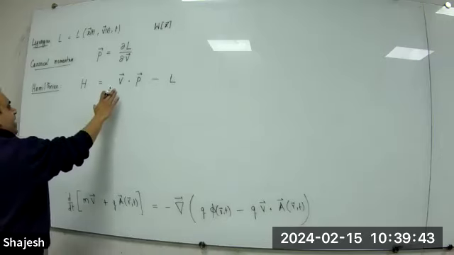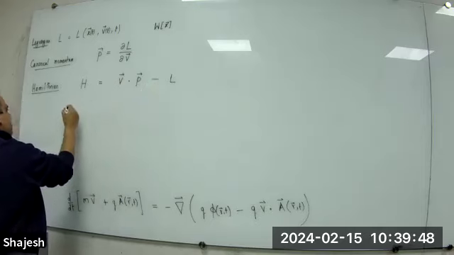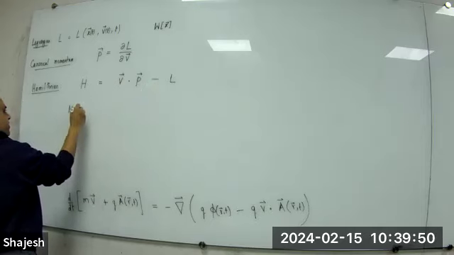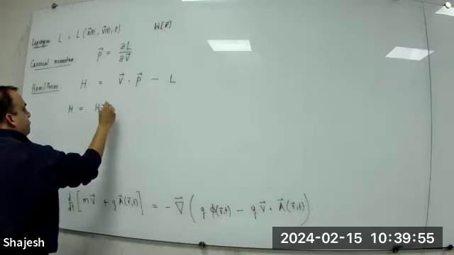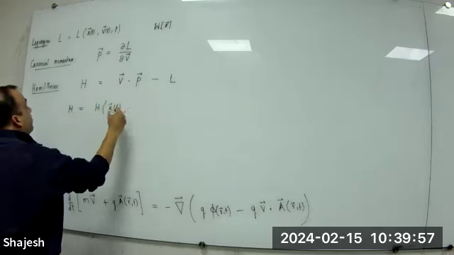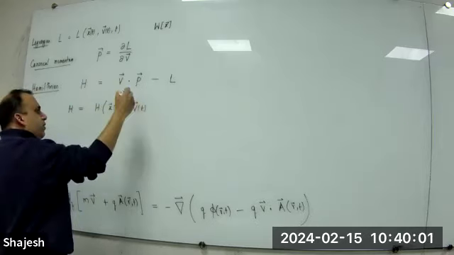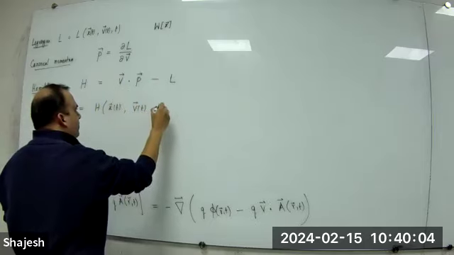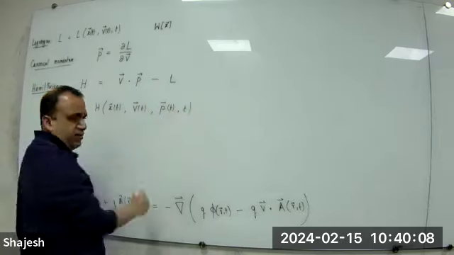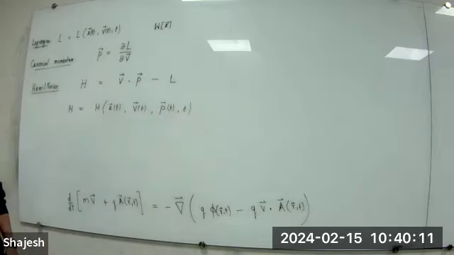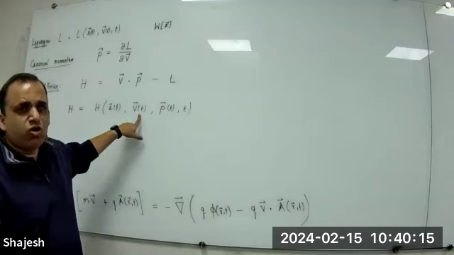So the way I have written it, there is a V, now there is a new P. So it seems like H can depend on X, it can depend on V, and now I have a new variable P, right? Right, that's what it is. But suppose I claim that it has no velocity in it.